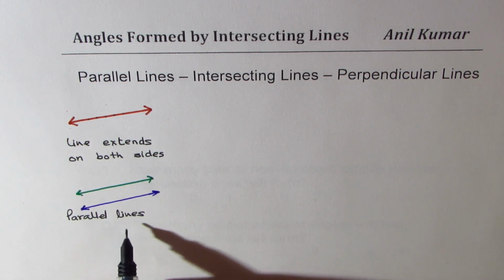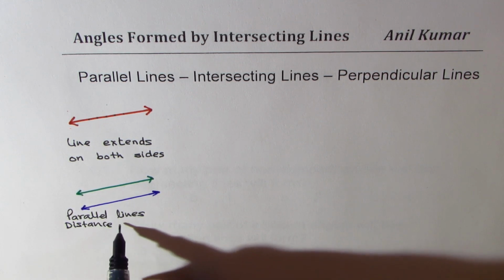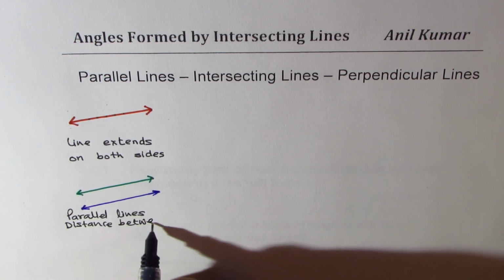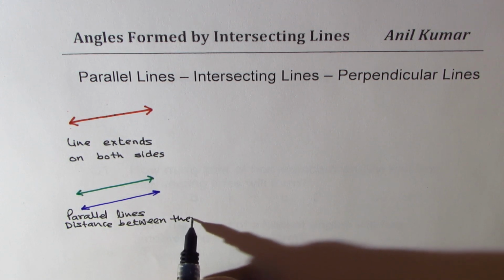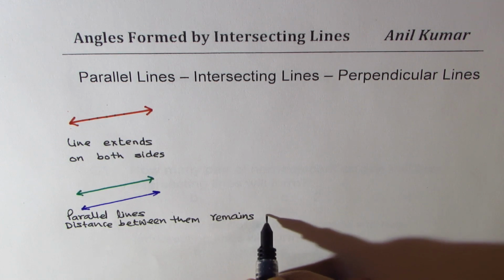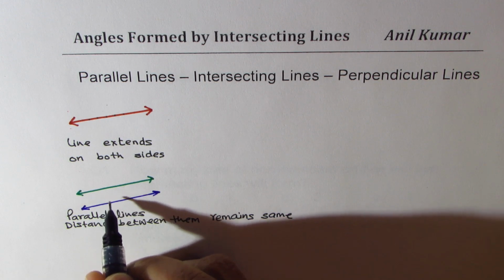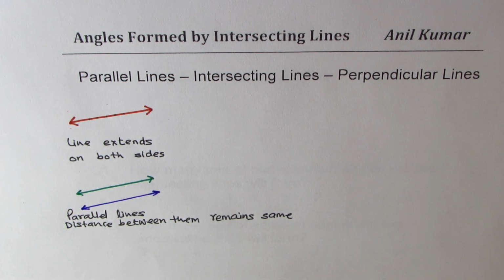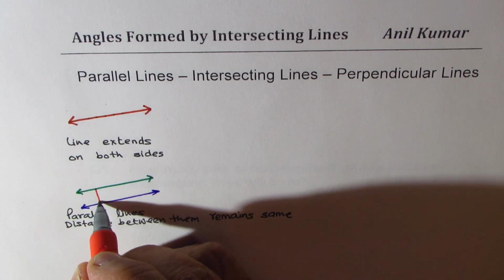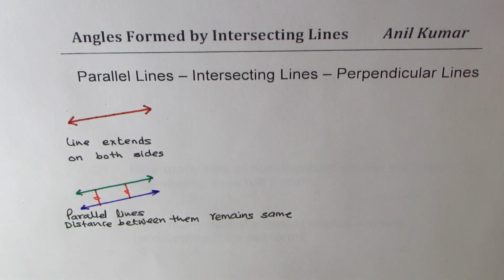So whenever we have parallel lines, distance between them remains same. So they are always a fixed distance apart, right? That is to say that if I have these two lines, then the distance here and somewhere there will be exactly same. So then they are parallel. They will never intersect.